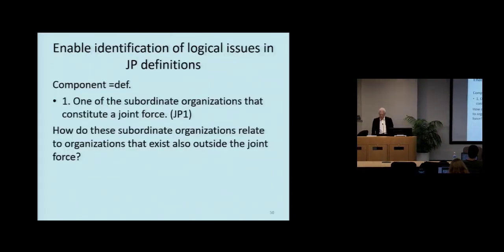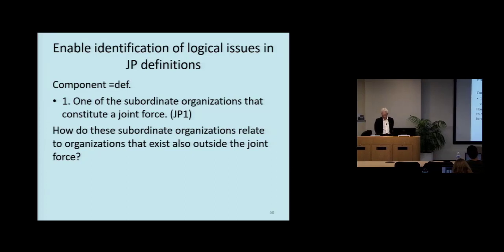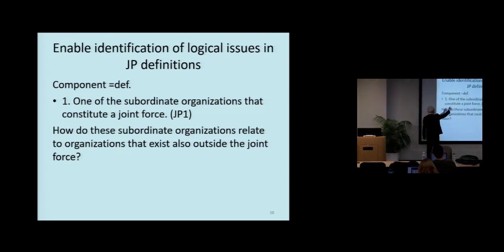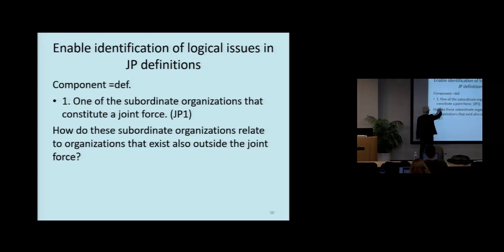But now we can use it to enable the tracking of issues in the definitions themselves. So there is the definition of component, one of the subordinate organizations that constitute a joint force. You can see that there is a certain kind of circularity here, because constitute is really just compose, and compose is the same as component.